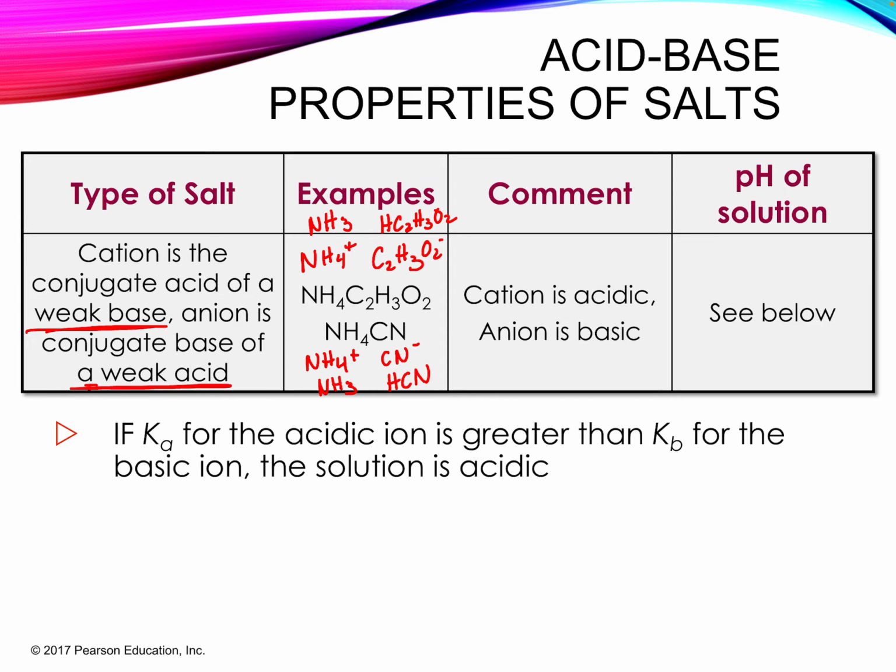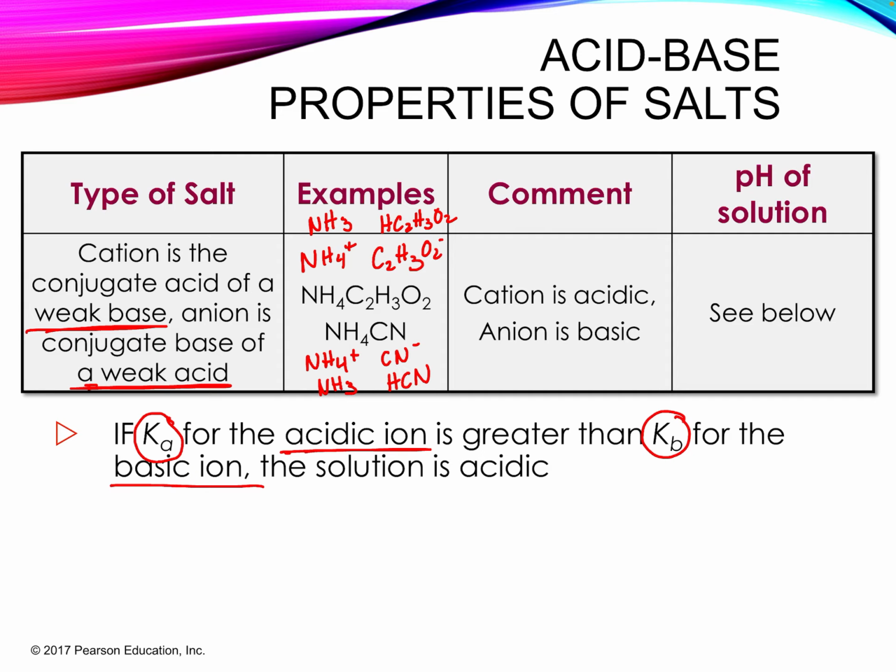So then we need to go and figure out the Ka's and Kb values. So if the Ka for the acidic ion is greater than the Kb for the basic ion, then the solution's acidic, right? And that should make sense. Whichever one is going to ionize water more. Remember that these Ka and Kb values are telling you how much water they will ionize, how much they will dissociate in water, okay?